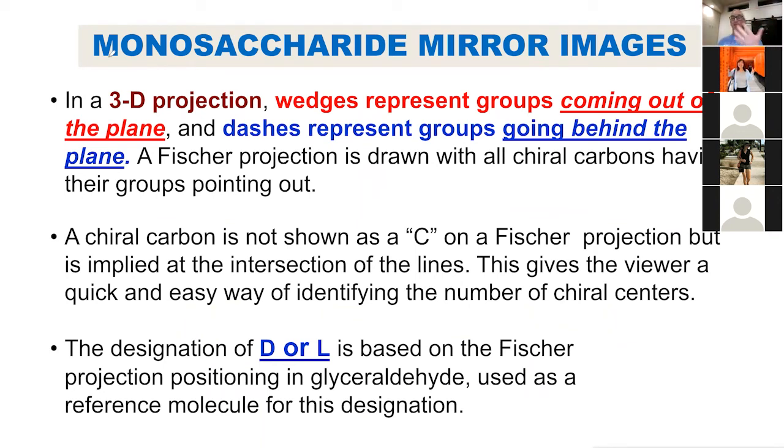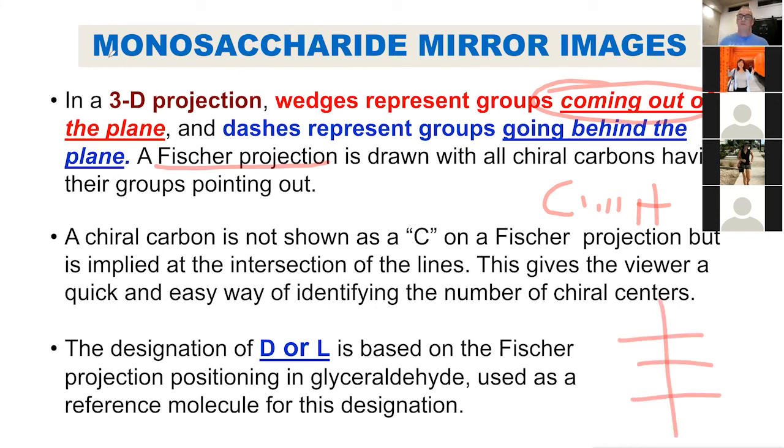In the 3D projection, remember, we usually draw the wedges, and those represent groups coming out at us. And the dashes, remember, if we had a dash, the hydrogen would be behind the plane. So the Fischer projection makes it a little easier for us, because then we just have crosses, and wherever we have a cross, there's a chiral carbon. We just assume that these are wedges coming out of the screen for us. So we don't see the chiral carbon, it's just where the lines cross.